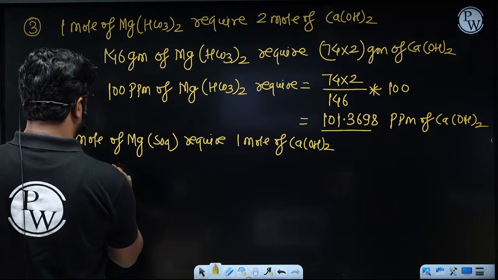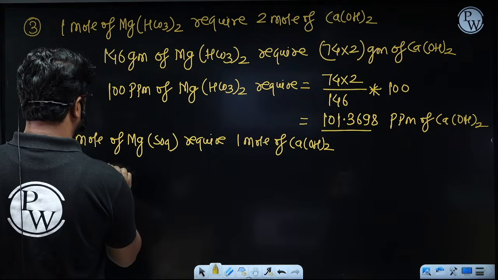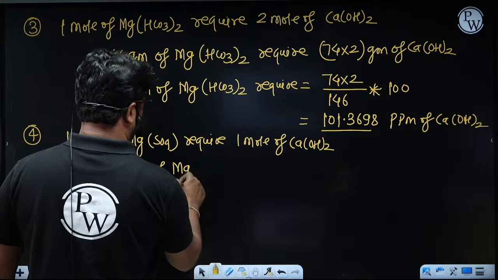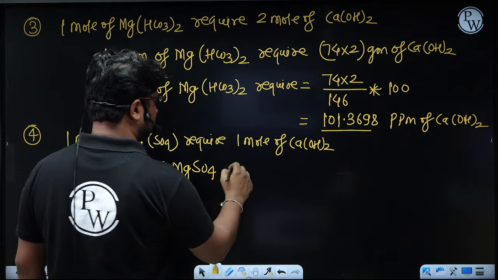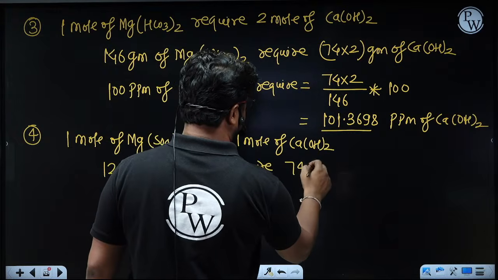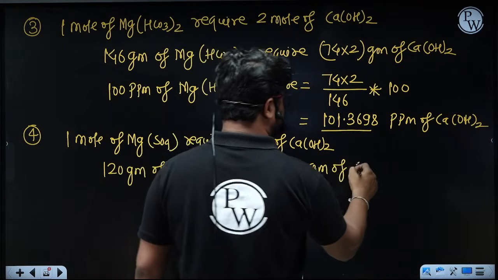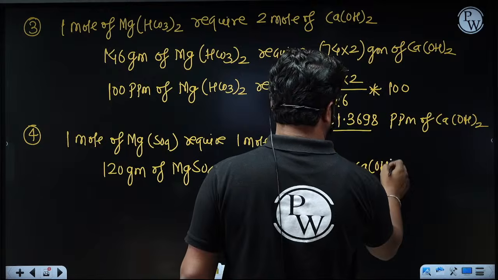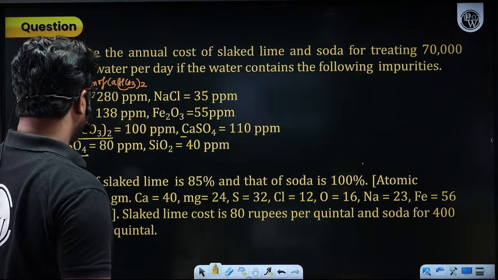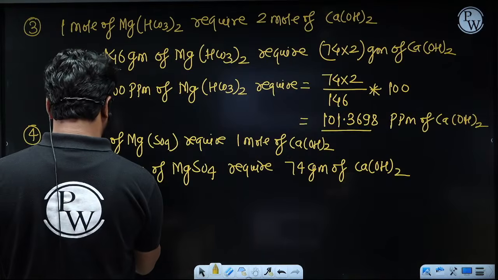So 120 gram of MgSO4 requires 74 gram of Ca(OH)2. Currently they have given 80 ppm of MgSO4.